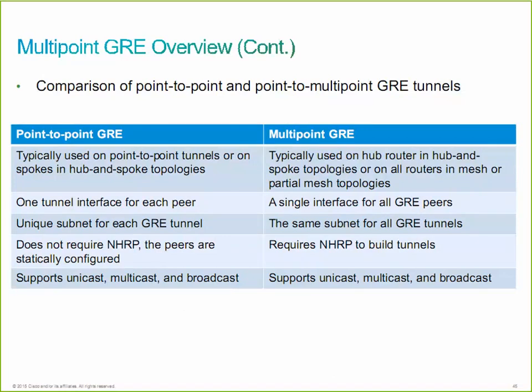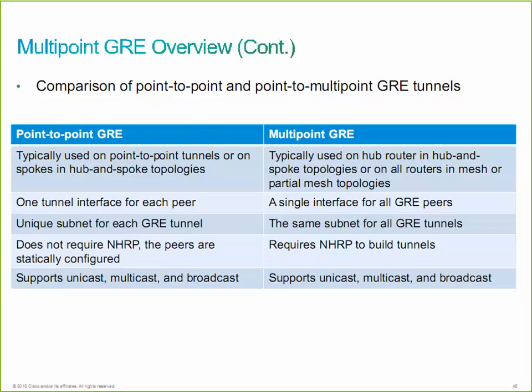In a multipoint GRE configuration, which is usually used on a hub router in the hub and spoke topology, or by the way, we could also do it in a mesh or partial mesh as well, we can have more than one multipoint GRE interface. It's not strictly hub and spoke per se. We have a single GRE interface that's configured with multiple GRE tunnels. And in this particular case, the same subnet gets configured for all of those GRE tunnels.